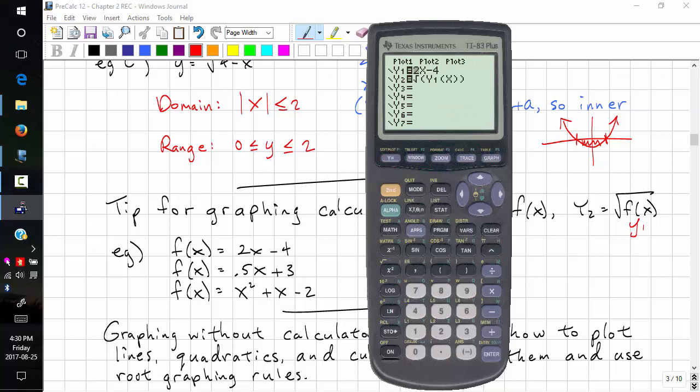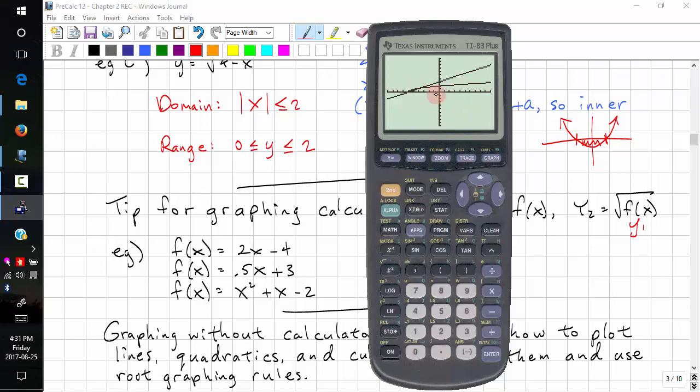Okay, now to get the second one, all I have to do is clear this one, enter 0.5x plus 3, and I need to go back to the standard window. Okay, again, you can slightly see that it was plotting above and now it's plotting below.